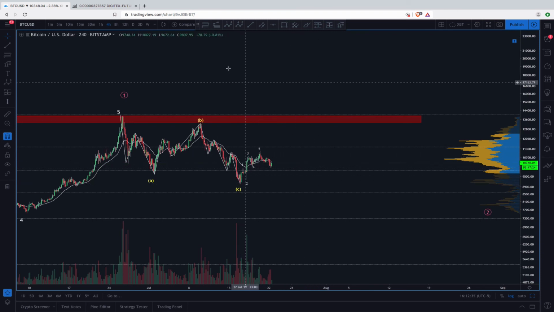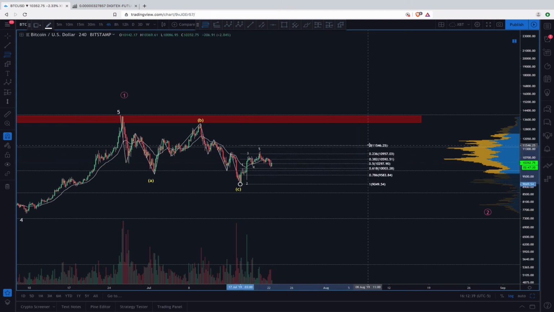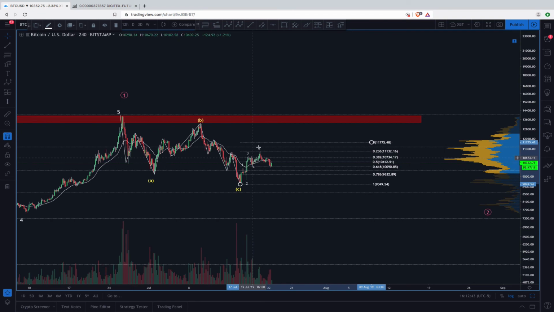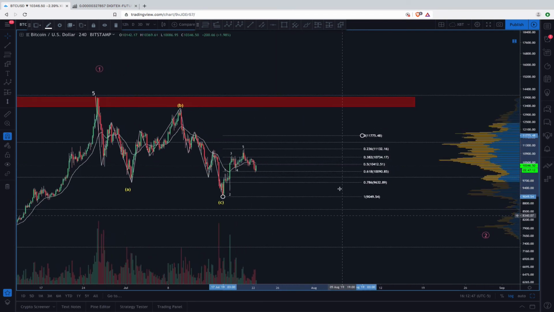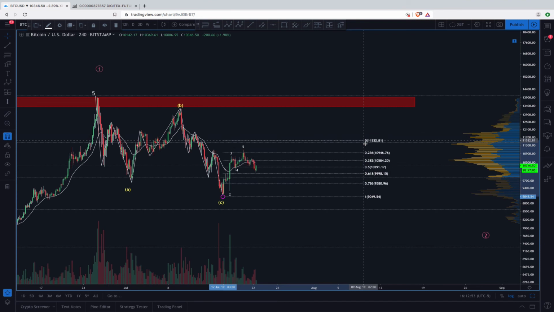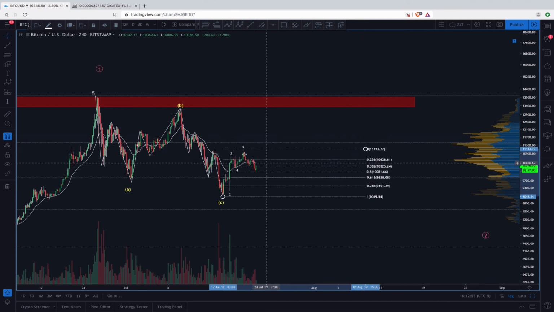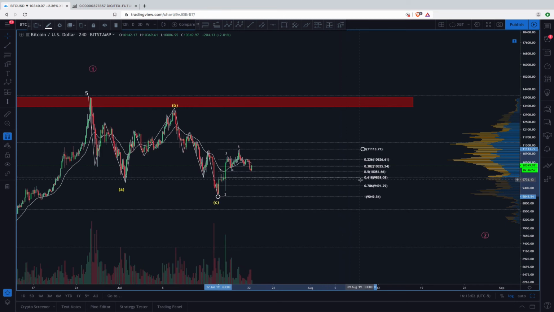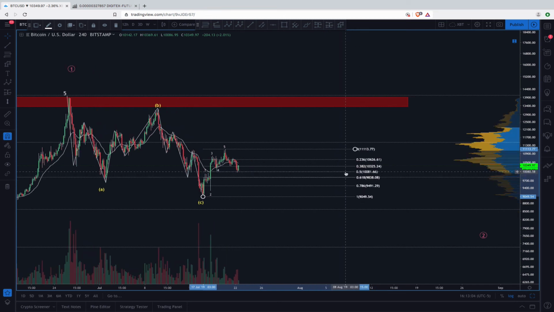So what will we expect here? If we were going to be continuing the run, what do we expect after we complete 5 waves? This will be a 1, 2. Well, where would we expect support? I need to put that right there. So we would expect support between the 0.5 fib and the 0.618. So far, we've got a reaction off of the 0.5 fib. There's algos defending there.